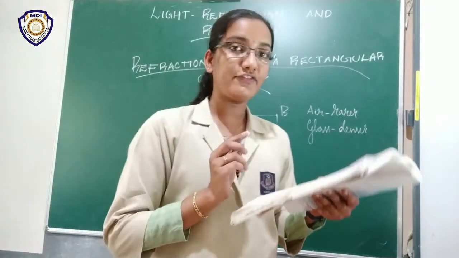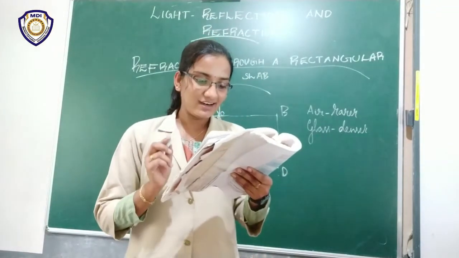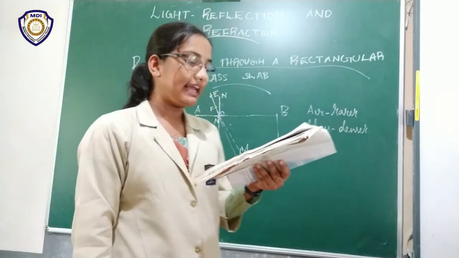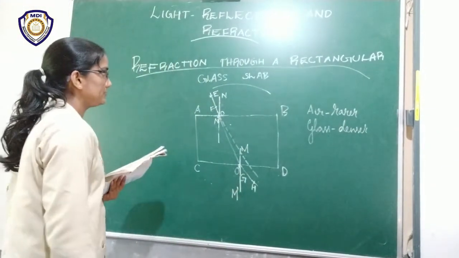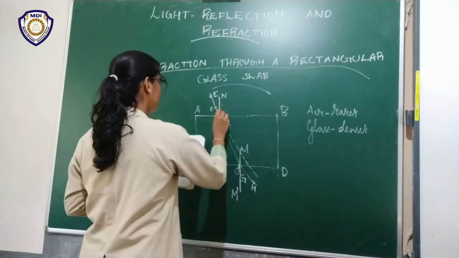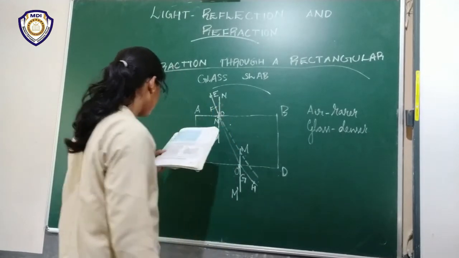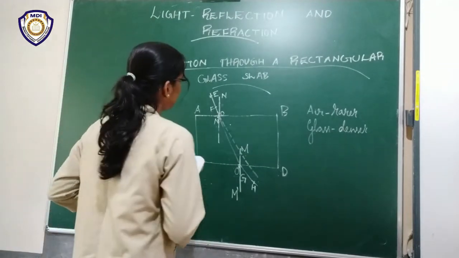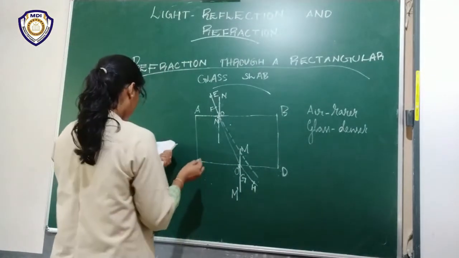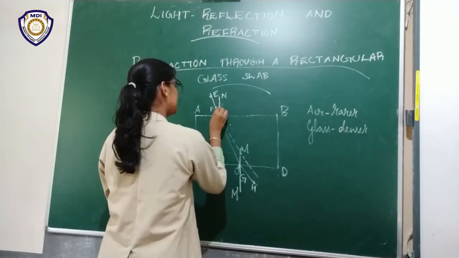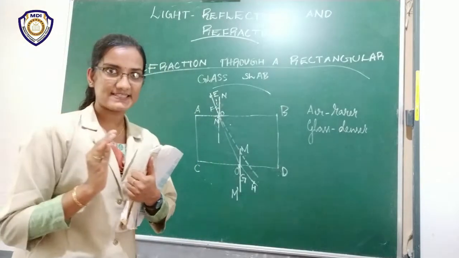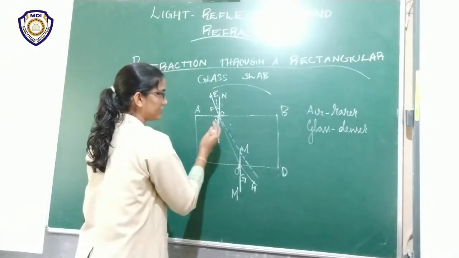Compare the angle of incidence with the angle of refraction at both refracting surfaces AB and CD. How to do that? Here we have two angles of incidence and two angles of refraction.